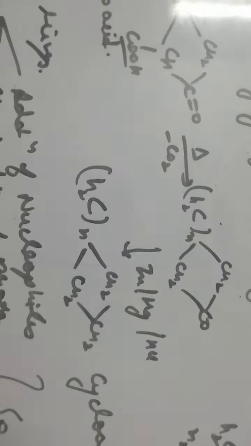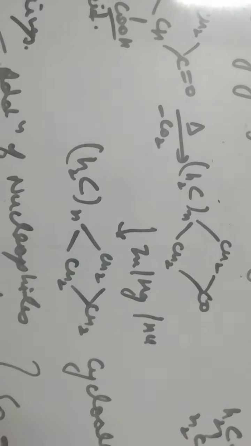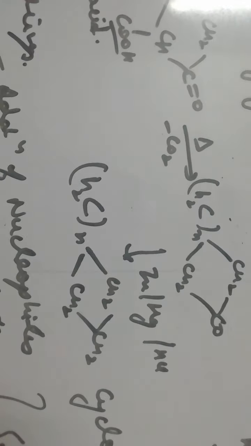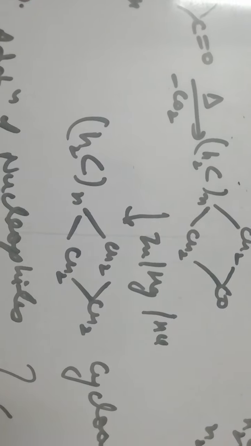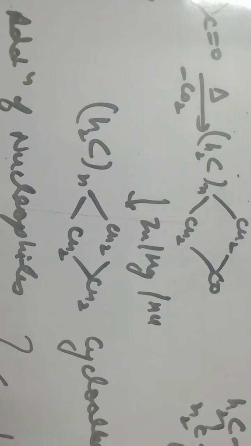Its hydrolysis will take place, and we will get this keto acid. On heating, one molecule of carbon dioxide will be eliminated. The product we obtain will undergo Clemmensen reduction in the presence of zinc, mercury and HCl, and we will get cycloalkane.